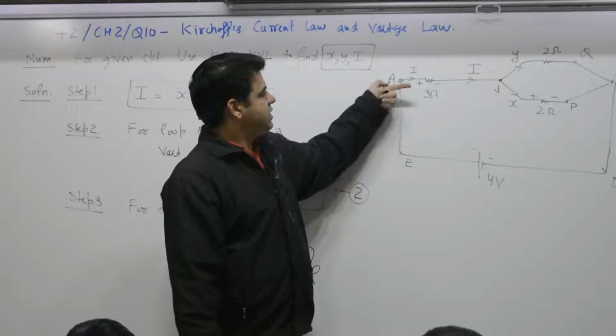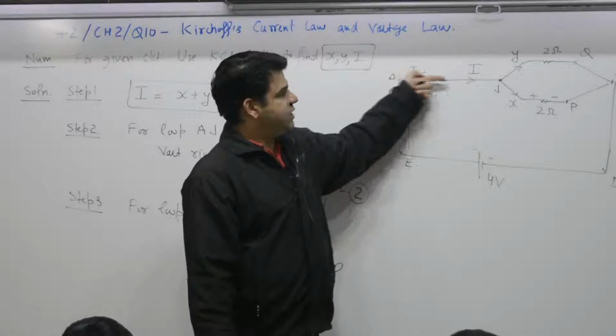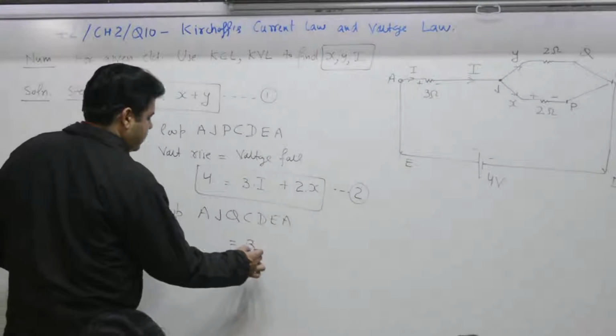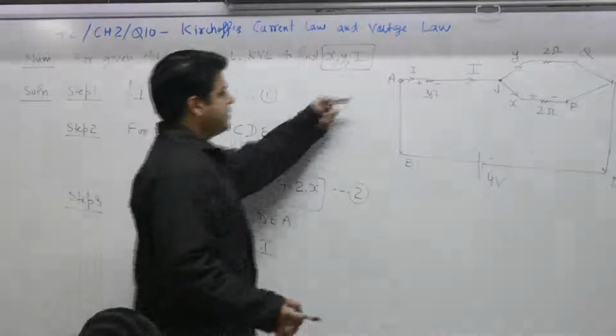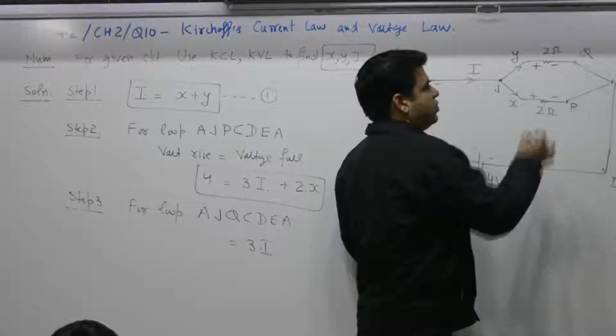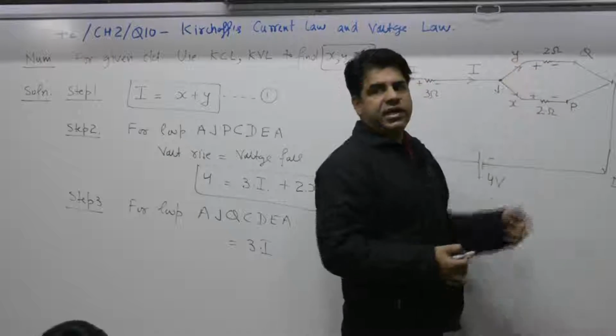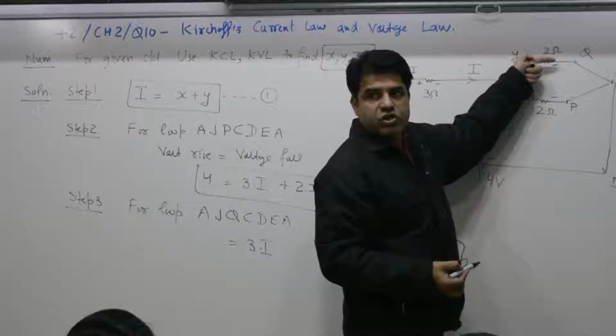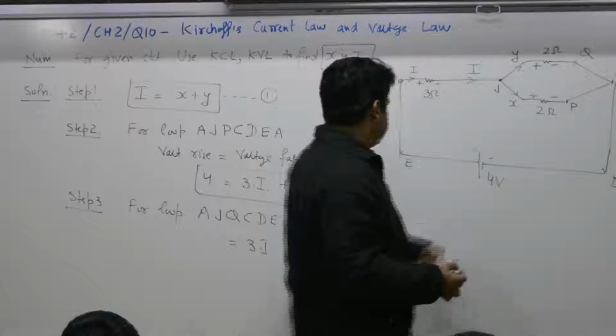How much? 3 into I. Rise or fall? Fall. 3I is fall. Then you move to this one. Current flows from high potential to low potential. 2 into Y. It is also fall. 2Y.